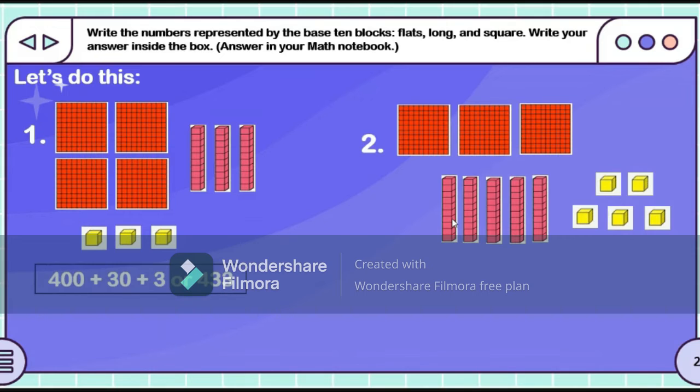So we have 400 plus 30 plus 3, or we read as 433. Next, number 2. Okay, very good. So we have 300 plus 50 plus 5, or we may say that 355.